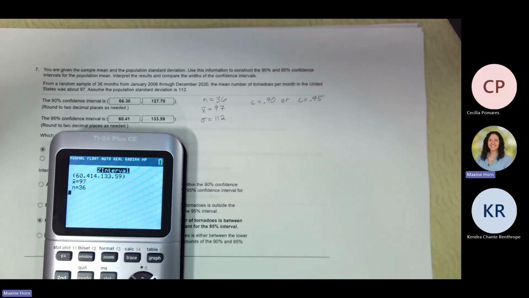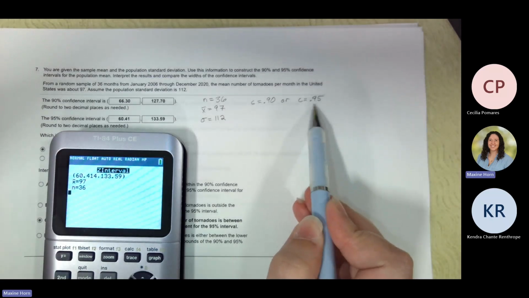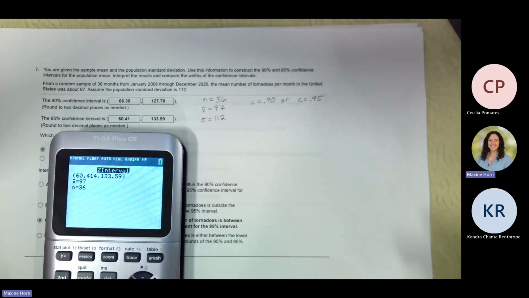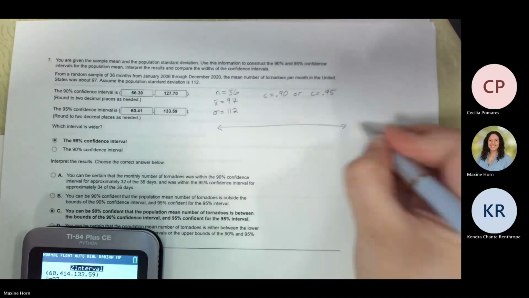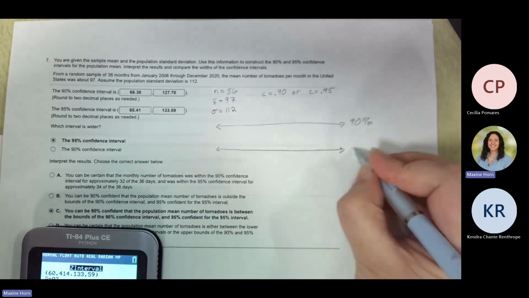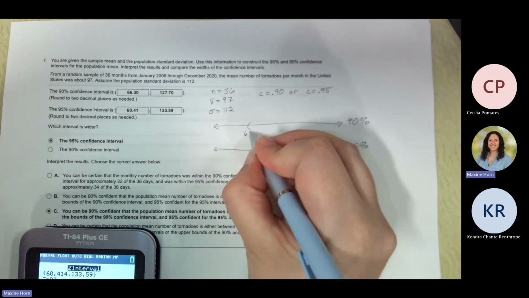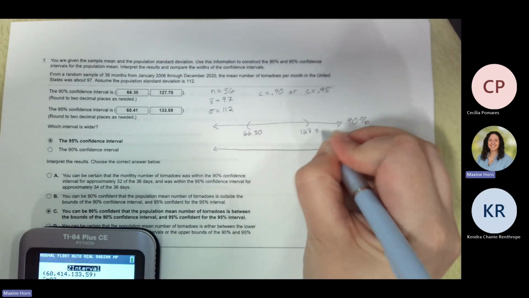Now, before we look at which one's wider, I'm betting that this interval is going to be wider. If I'm more sure, I have to cover a broader range of numbers, right? So again, if we were to do this on a number line, the 90% confidence interval as compared to the 95% confidence interval. Okay, we have 66.30 and 127.70.